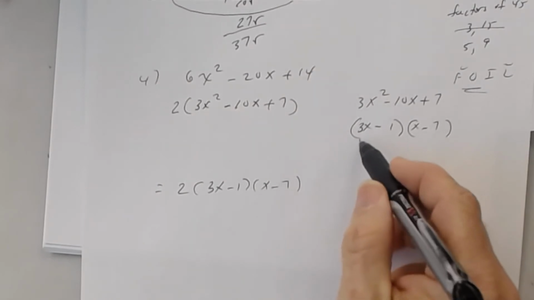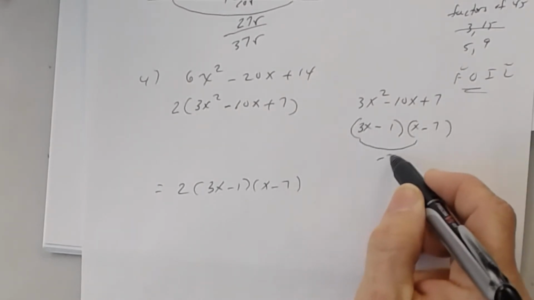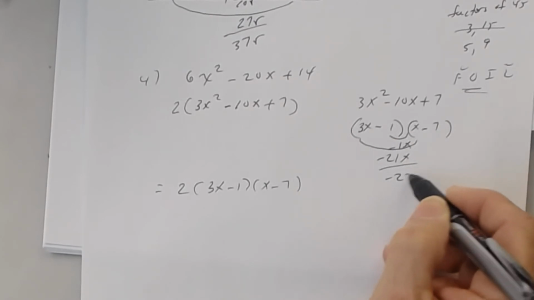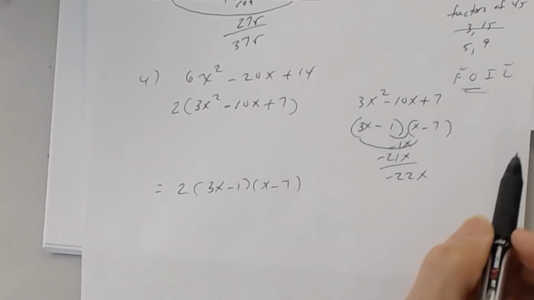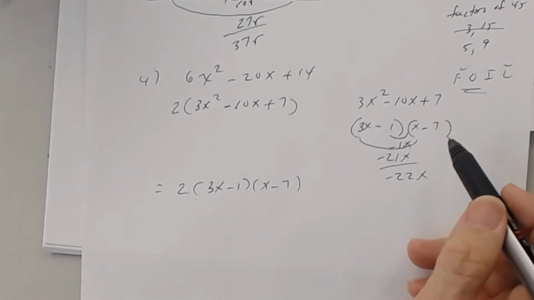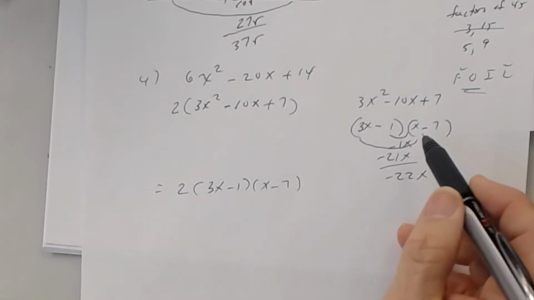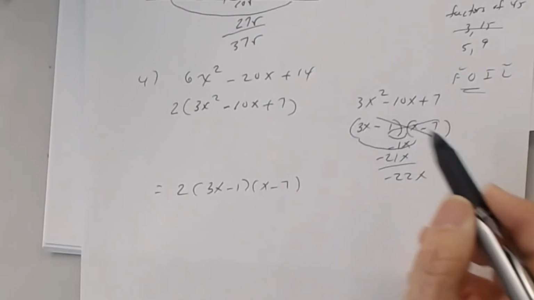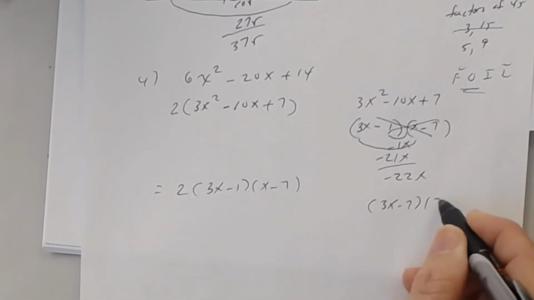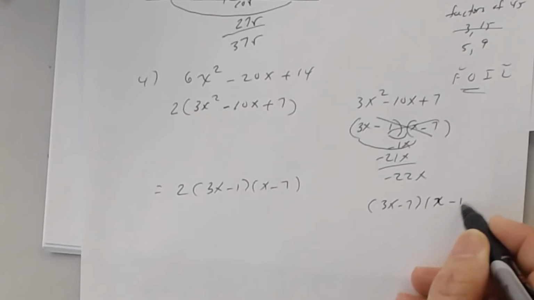What is the outer? What's the inner? Which gives me negative 22x, which is not what I wanted. So what does that imply about the 1 and the 7 possibly? Interchange them. Switch them. So let's say 3x minus 7 times x minus 1.